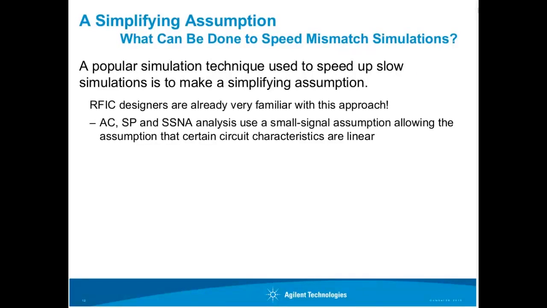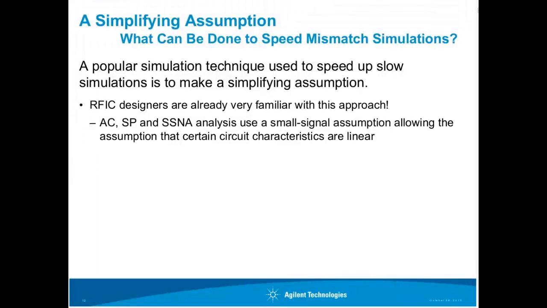RFIC designers are already using a small signal assumption when they do AC analysis, S-parameter analysis, and small signal noise analysis, which is a combination of small signal and large signal simulations. That assumption is made for the express purpose of being able to assume linearity in the circuit and to speed up simulation so that you can do many things very quickly.